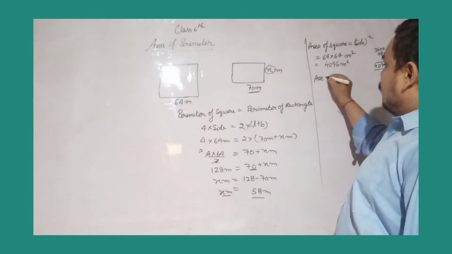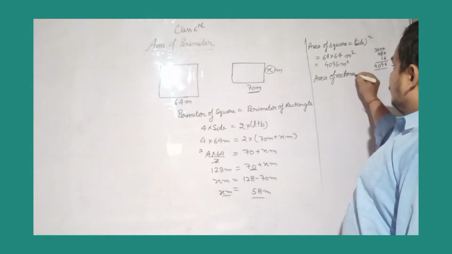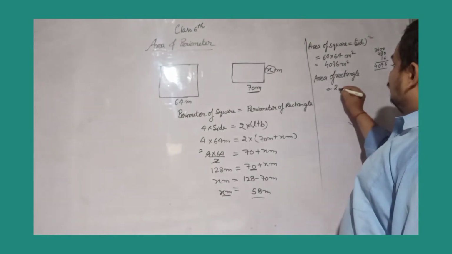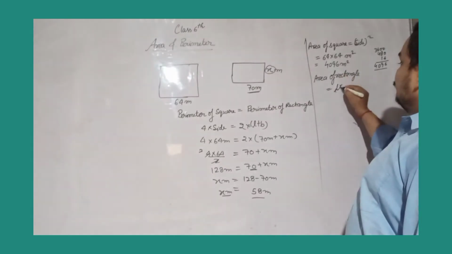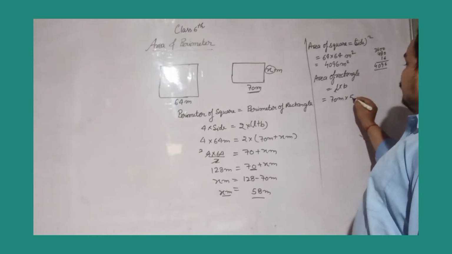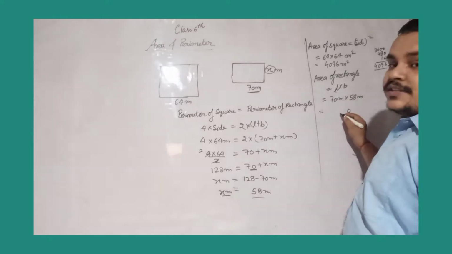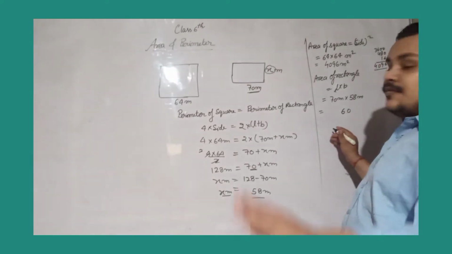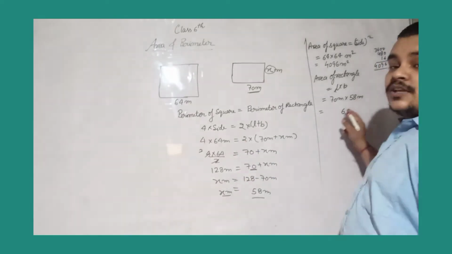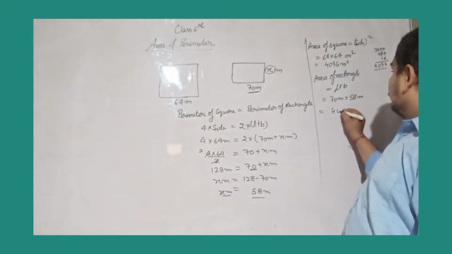And area of rectangle: formula says L into B, and the length is given 70 meter and the breadth is 58 meter. 0, 5 7s are 35, 5 8s are 40, 7 5s are 35, 5 remains, 7 8s are 56, 5 remain, 35 and 5, 40.